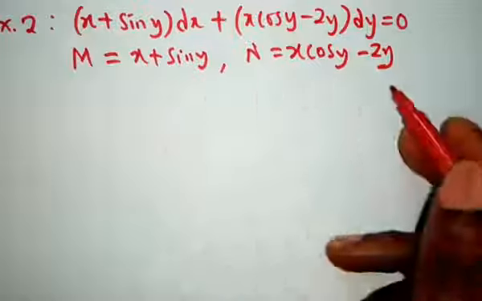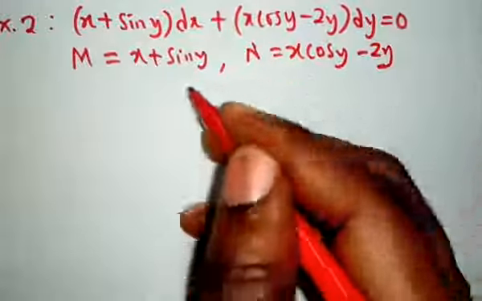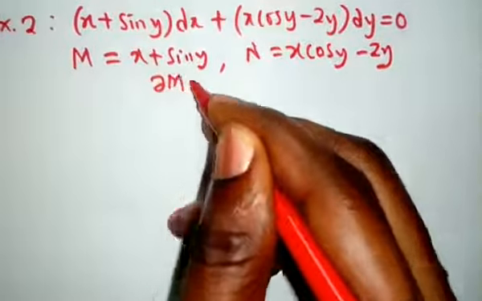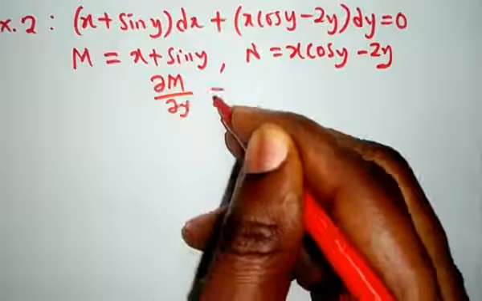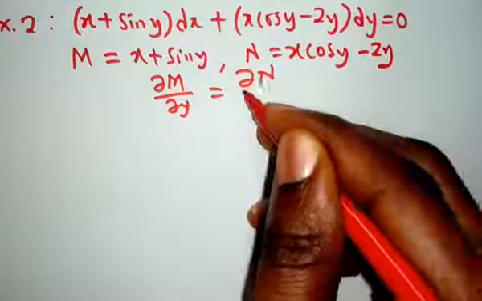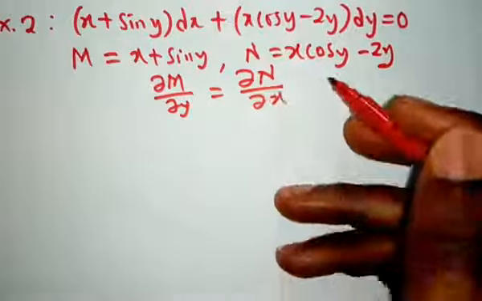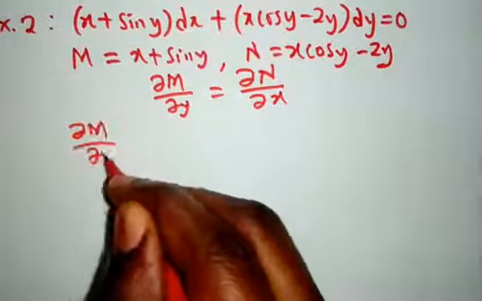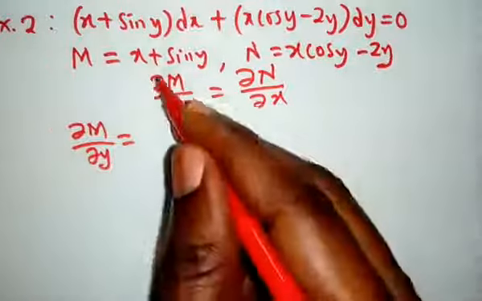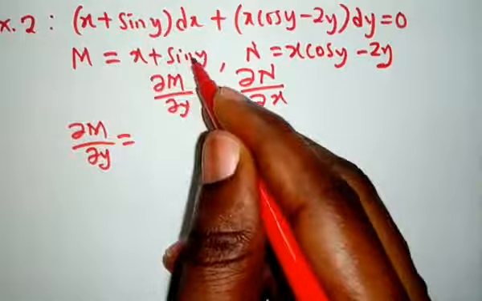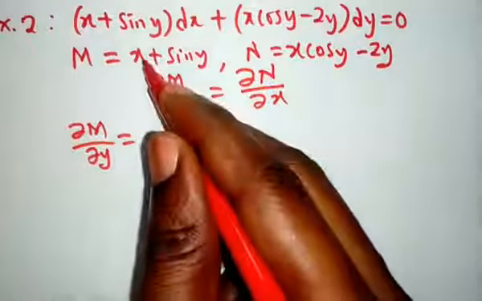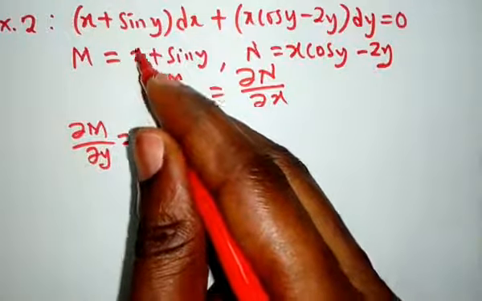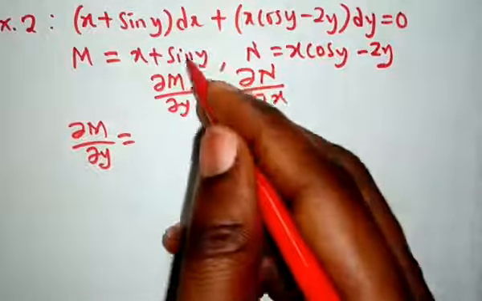Now to test for exactness, we have to show that partial M partial y equals partial N partial x. So partial M partial y equals, we differentiate this partially with respect to y, keeping x as a constant. So this gives us 0.